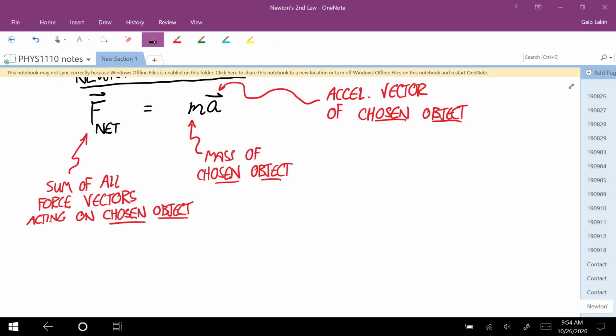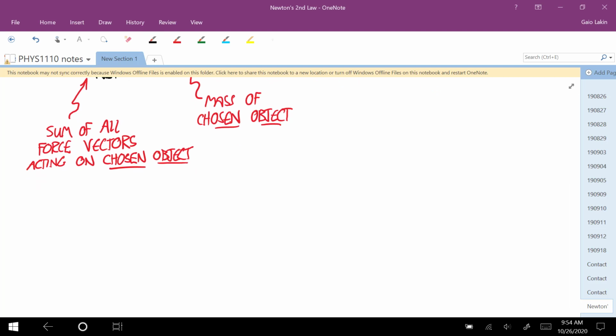There are two things I want you to notice about Newton's second law. The first one is you need to draw a free body diagram every time you use Newton's second law.